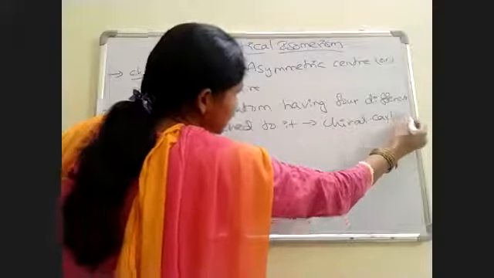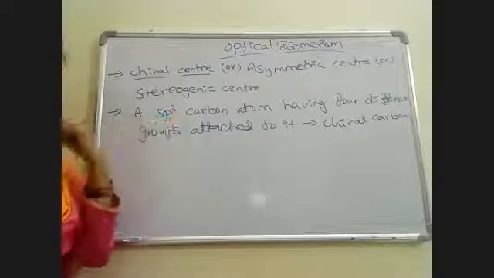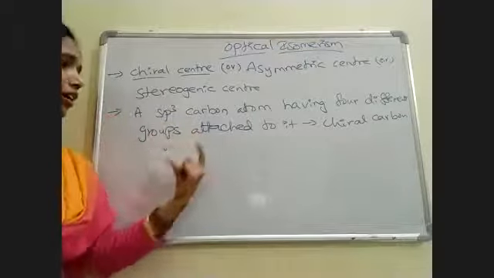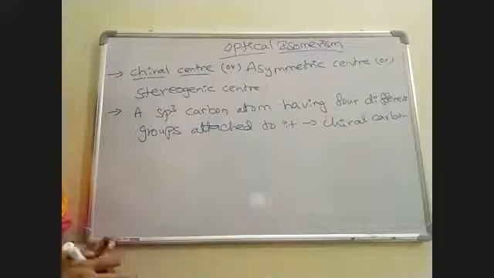Chiral carbon is an sp3 carbon atom. sp3 hybridization is tetrahedral. So to the carbon, the tetrahedral arrangement of groups are different.